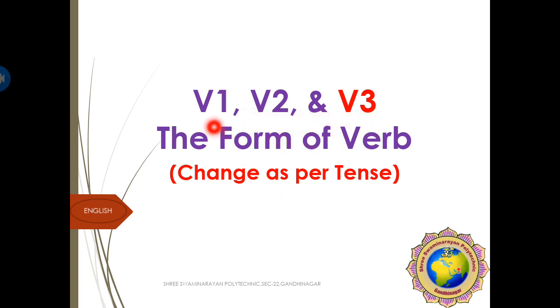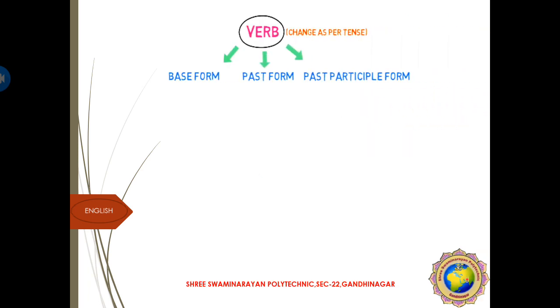Whenever we use this terminology V1, V2 and V3, after this lecture you have to be very clear about this particular classification. Okay, so let's start with V1 or base form. Here is the verb which changes as per the tenses. So basically there are 3 types: the base form, past form and past participle form.